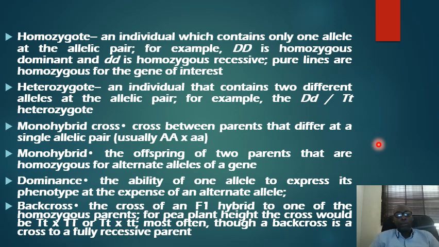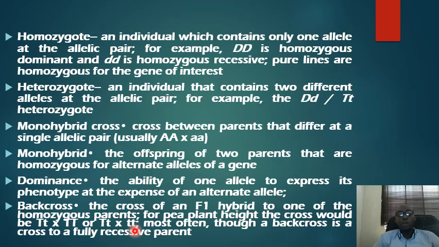Backcross. Backcross is the cross of an F1 hybrid to one of the homozygous parents. For pea plants, height, the cross would be capital T capital T, which is tall, crossed with capital T small t, which is heterozygous tall, or capital T small t crossed with small t small t, which is homozygous recessive, homozygous short or dwarf.